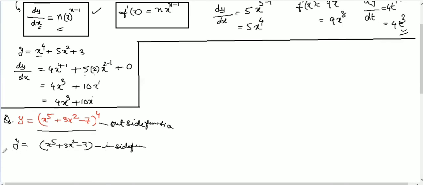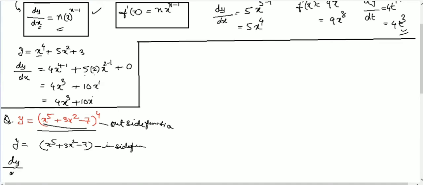How to differentiate this with respect to x? The first step is we differentiate the outside function first, and we will not touch the inside function, but we will write it down as it is. We will differentiate the outside function and multiply by the inside function.